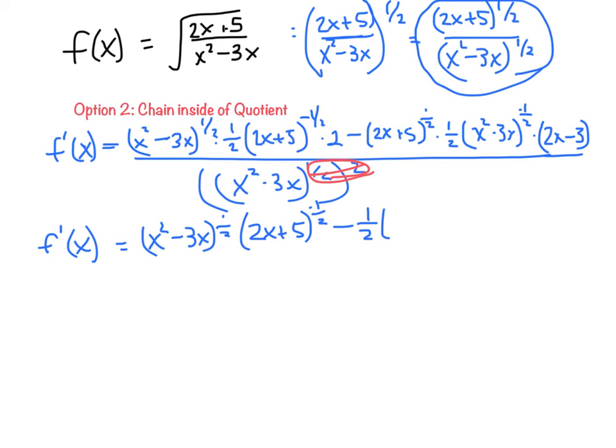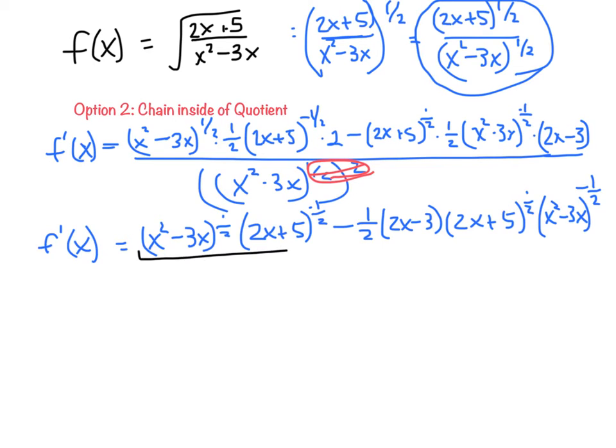So 1/2, I have 2x minus 3, and then I have the 2x plus 5 to the 1/2, and I have x squared minus 3x to the negative 1/2. Oh, I forgot, it should be all over x squared minus 3x.